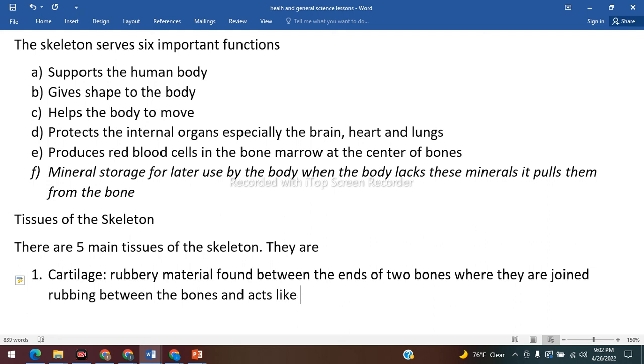Acts like what? A cushion, I guess. Very good. Acts like a cushion. No nerves or blood vessels are located in the cartilage.